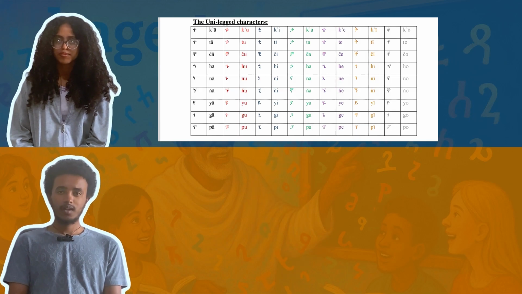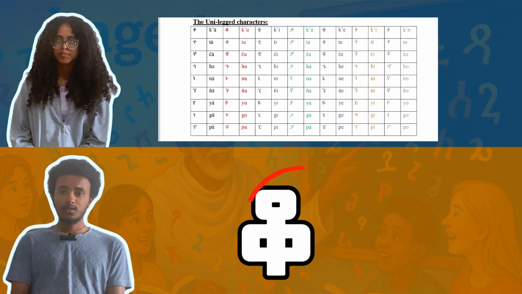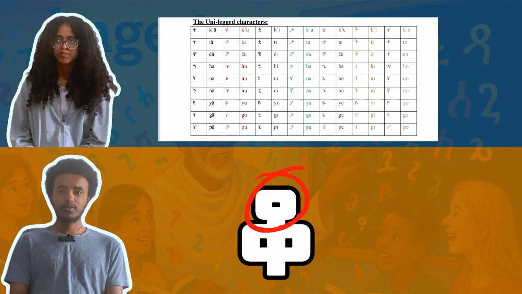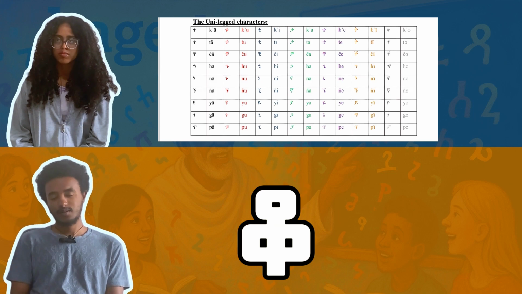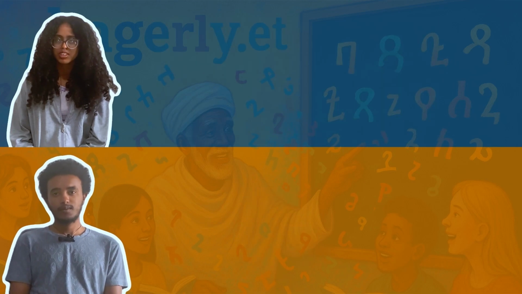The sixth letter usually has some type of line on top of its head. And the seventh letter always has a ring at the top of its head. By learning these patterns, you can discover any Amharic letter sound.